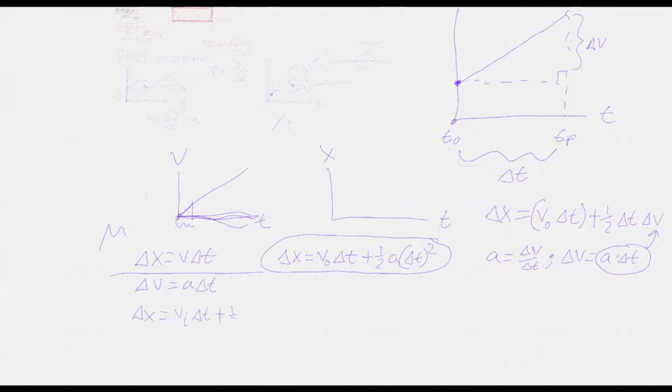If I put these two equations together, I can actually derive a third equation that does not depend on time. What that equation will say is that my final velocity in a given direction squared is equal to my initial velocity in that direction squared plus twice my constant acceleration in whatever direction that is, times the displacement I undergo in that direction, all within the same time period. So I've got 1, 2, 3 kinematic equations.